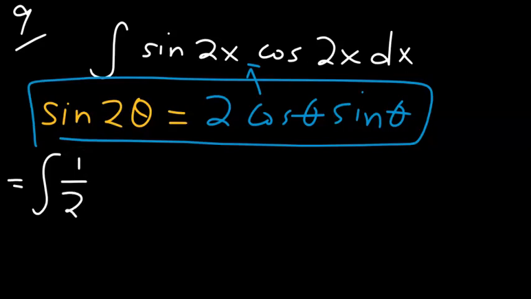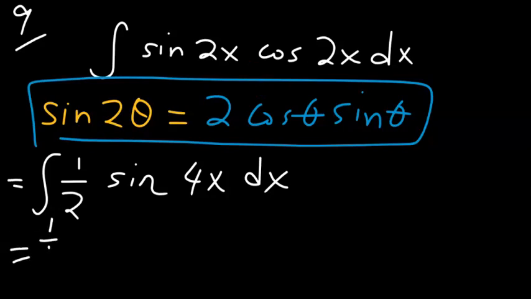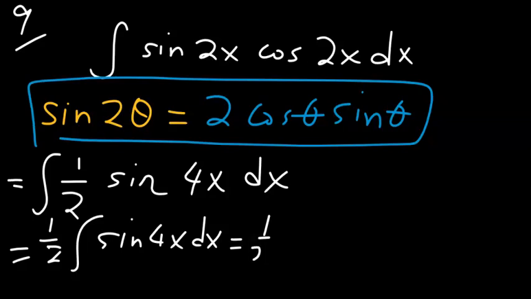So 1 over 2 sine 2 times 2x is 4x dx. Keep in mind half is a constant, so you can take that out. Sine 4x dx. And we know that integrating sine will give you a minus cosine 4x.